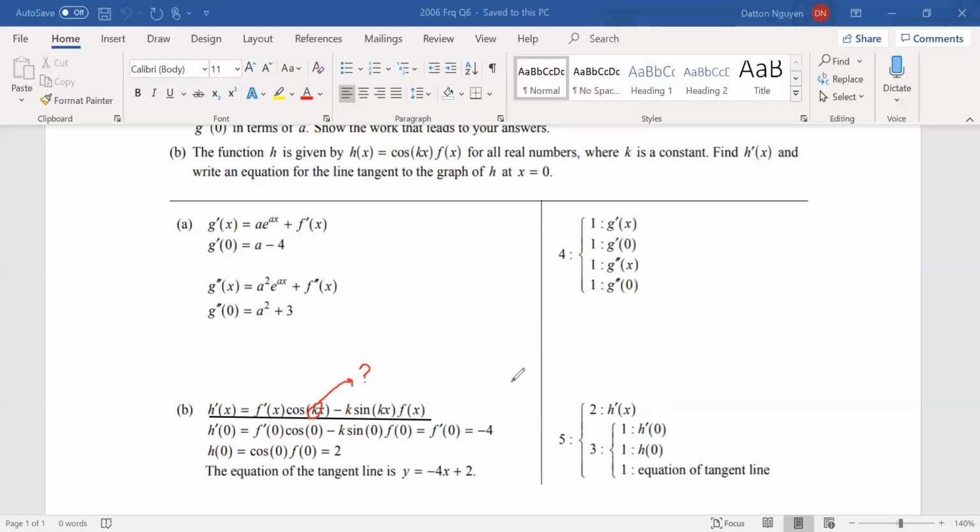It's just a coefficient. So notice that the derivative of cosine kx is negative sine kx here, right? But what you don't see sometimes when you were taught this in the beginning is that what you really have is a chain rule property happening with this.